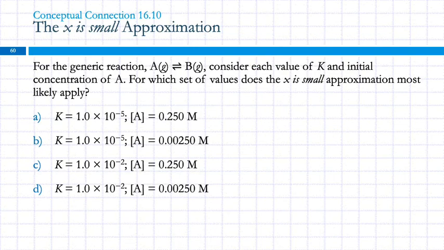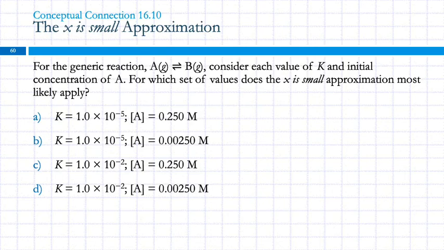So here's a conceptual problem about this. We've got a generic reaction, A goes to B. Consider each value of K and initial concentration of A. For which set of values does the x is small approximation most likely to apply? There's a grammar mistake there, but let's not get distracted. What helps x is small?